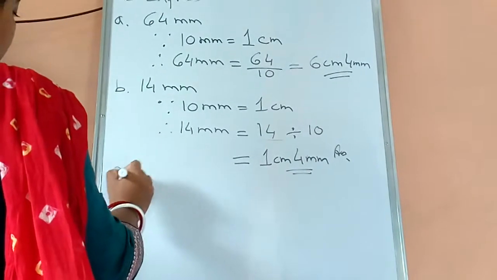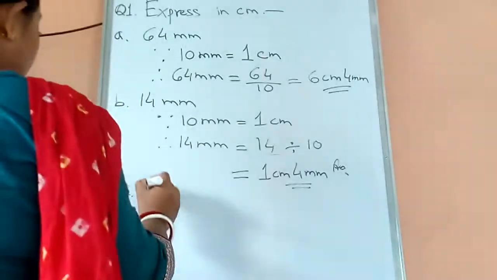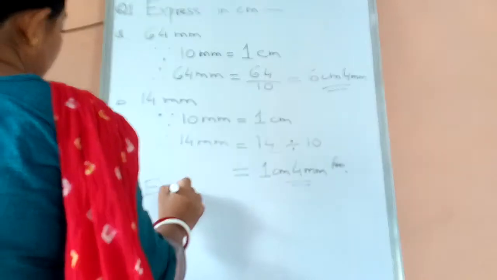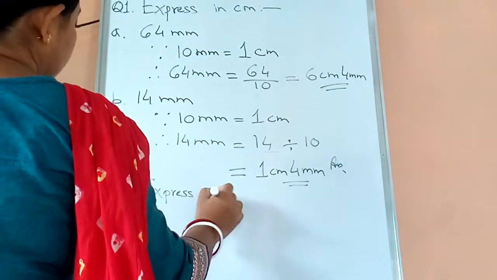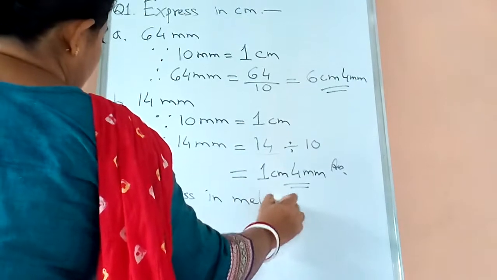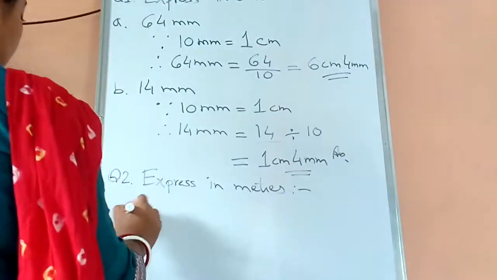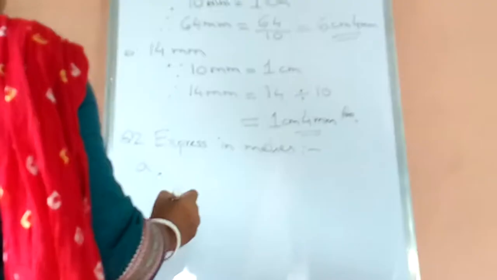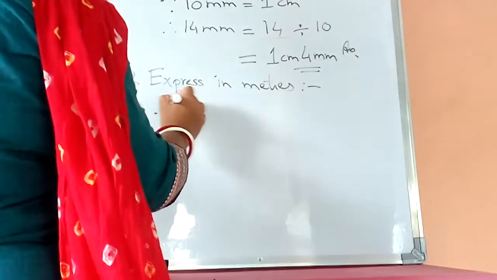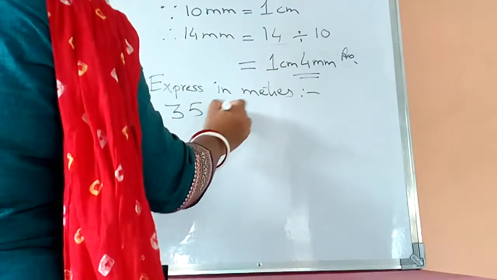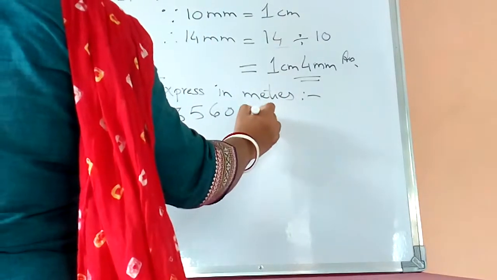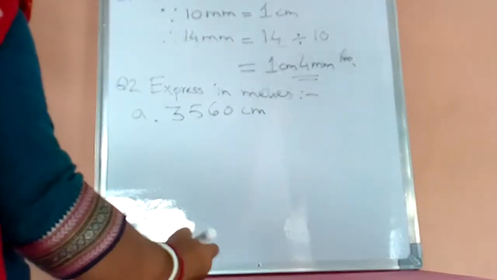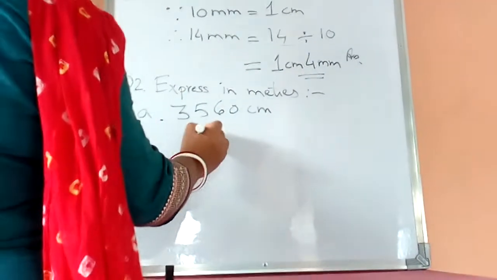Now come to question number 2. Express in meters. You have to express in meter. 3560 centimeter is given. You have to convert in meter. So what you will write?